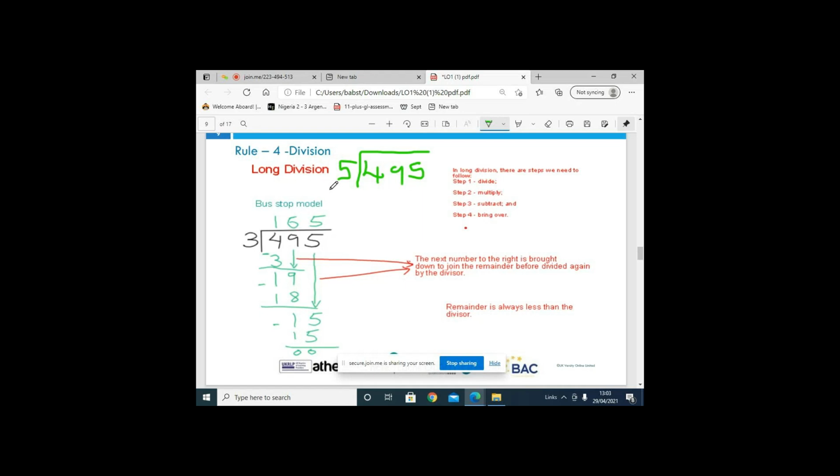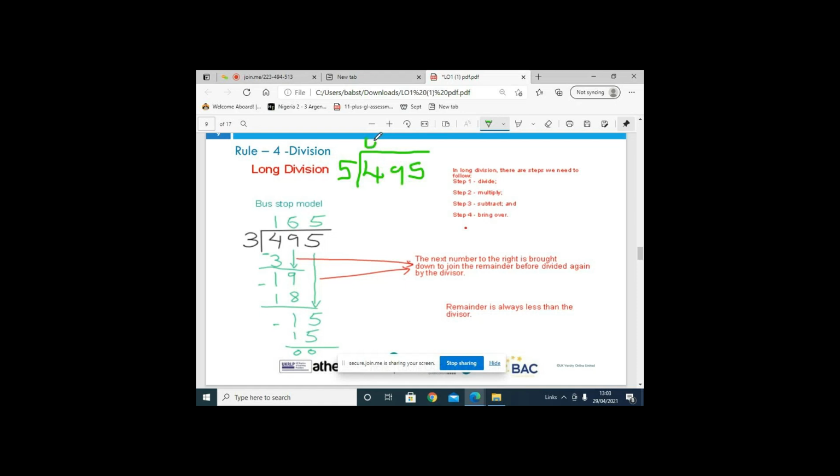Are you ready? Just wait a minute. So just for helping me out, 5 divided by 4, we will get 0, right? Then we're going to divide 5 by 49.